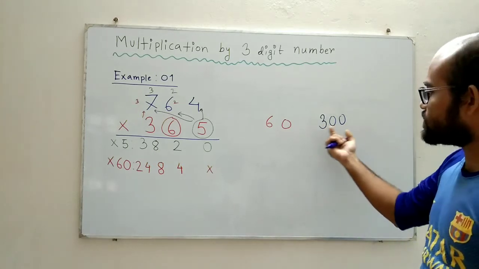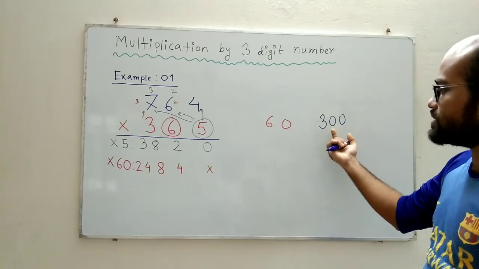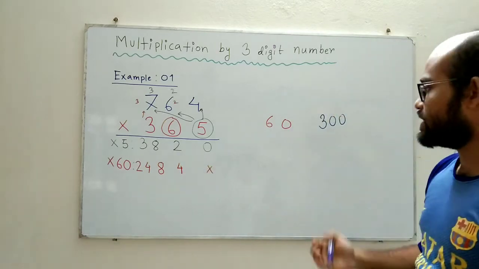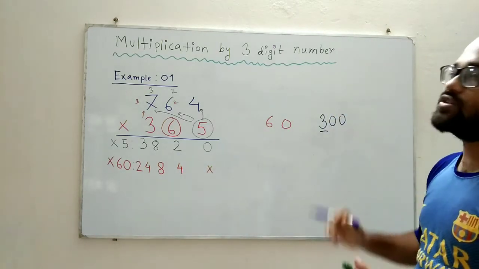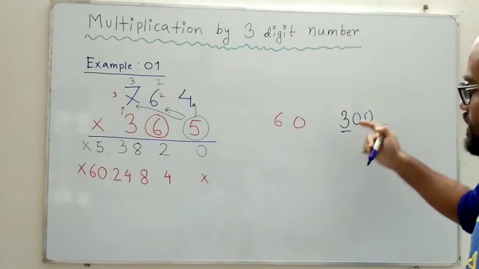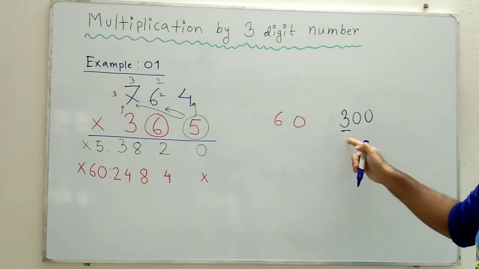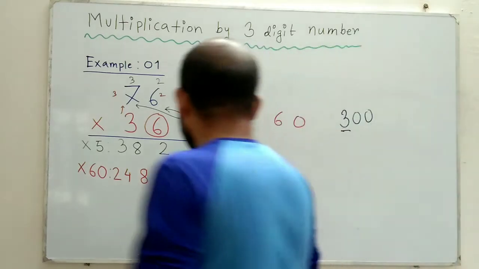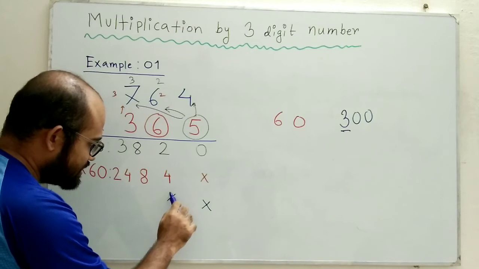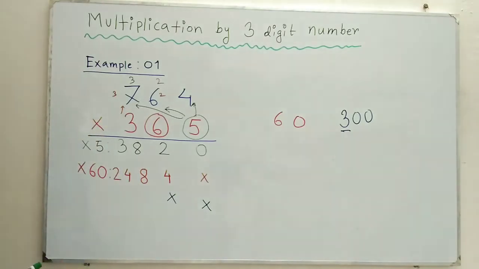So this 300 doesn't contribute any non-zero value in the units and the tens place. This 3 contributes a non-zero number, and it occurs in the hundreds place. So we have no non-zero number in the tens or the units place.